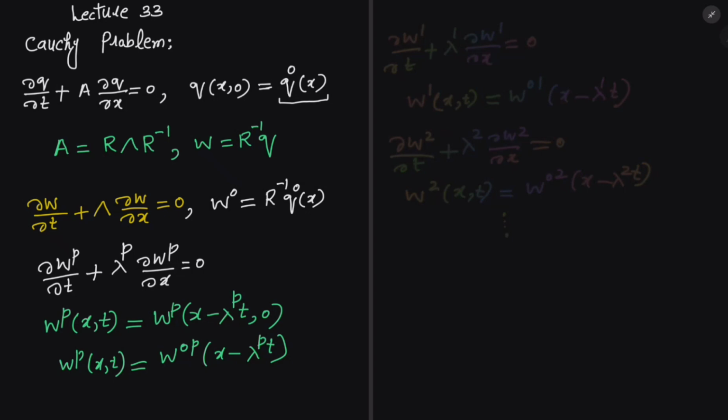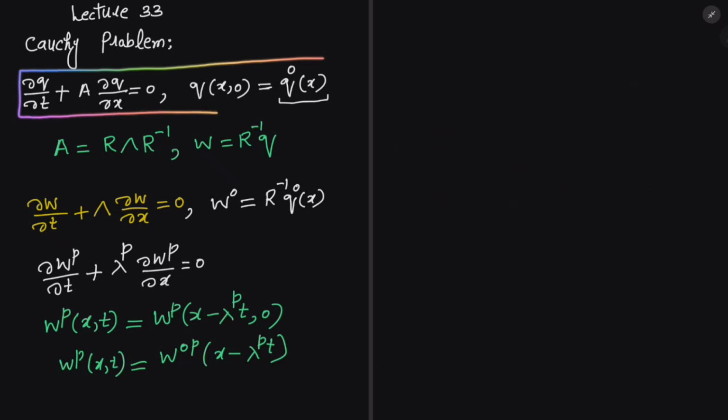Remember that our original problem is this one. This has unknown q and we need to find this q. Mathematically, we rewrote this problem in terms of w.